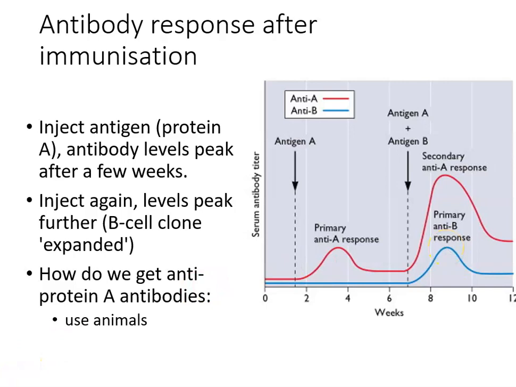As I mentioned earlier, if we want some antibody to protein A, the best way to get that is to take an animal, inject it with protein A, and extract its antibodies or extract its B cells.